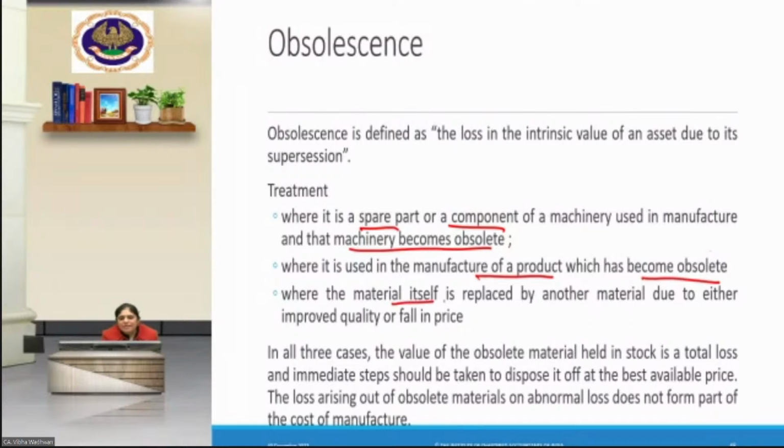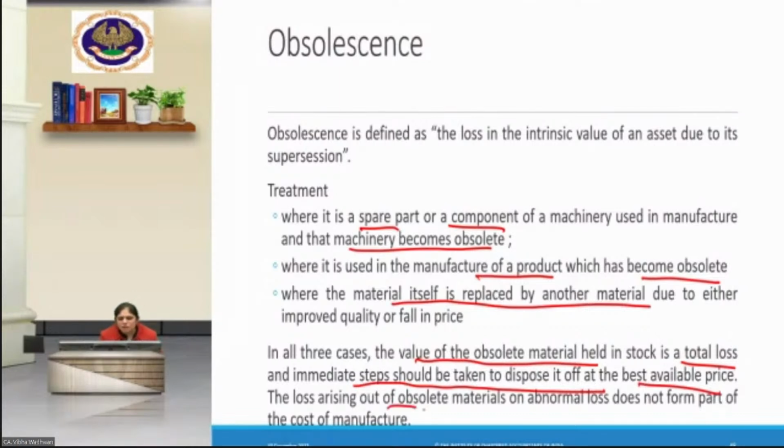Or when the material itself is replaced by another material. I have some material and now I'm no longer using it because a better material has come. So the material which I already have has become obsolete. In all these three cases, the value of obsolete material held in stock is a total loss. An immediate step should be taken to dispose of it at the best available price.